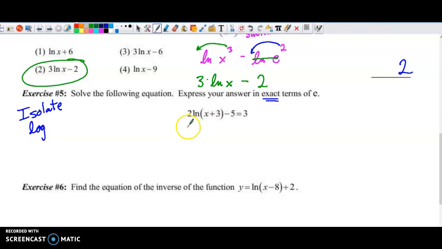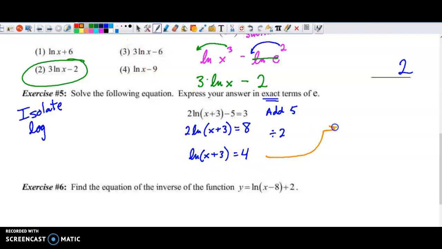So to do this problem, I'm going to try to do this step by step, but I hope at some point you'll just get on board with this, that you add 5 over. 3 plus 5 is 8. And then the next step is to divide by 2. So we're looking at natural log of x plus 3 is equal to 4. At this point, I usually just change this to exponential form.